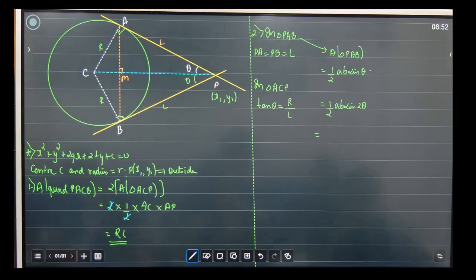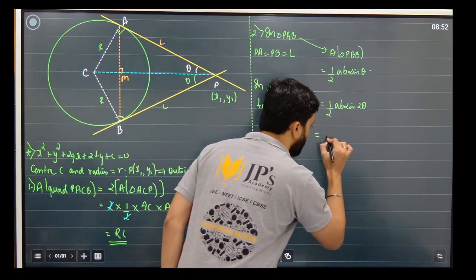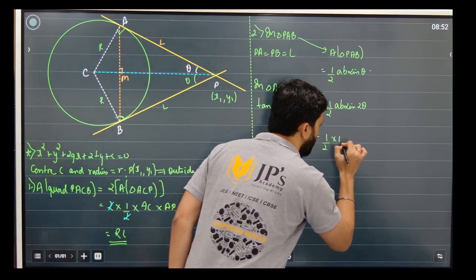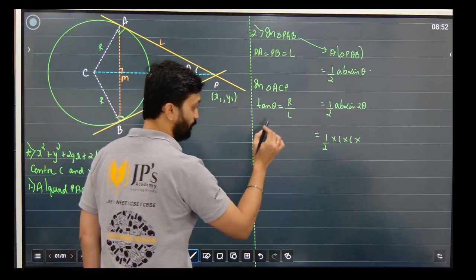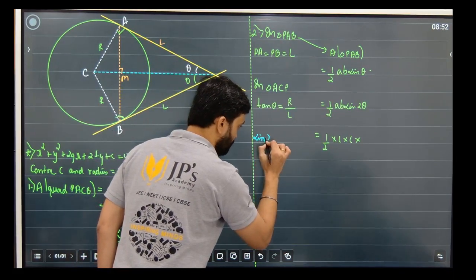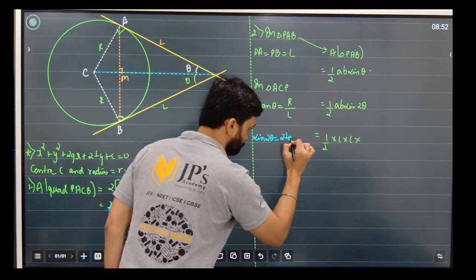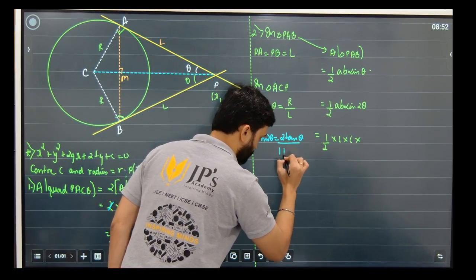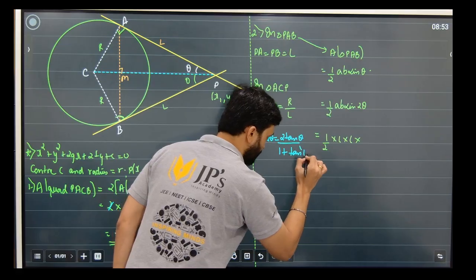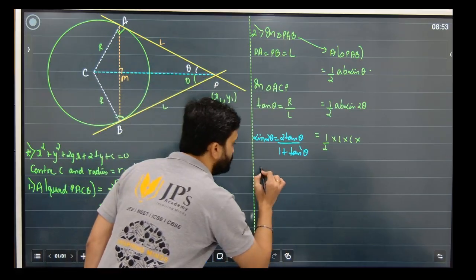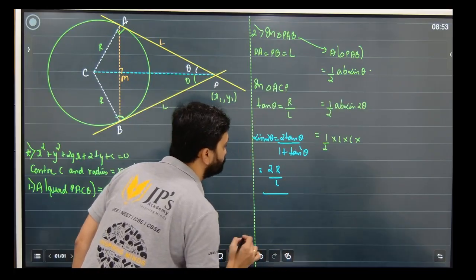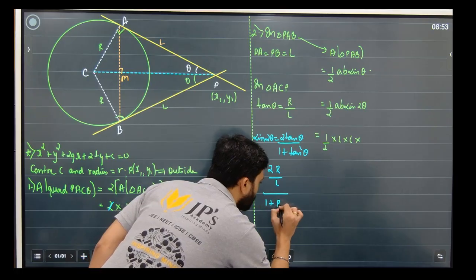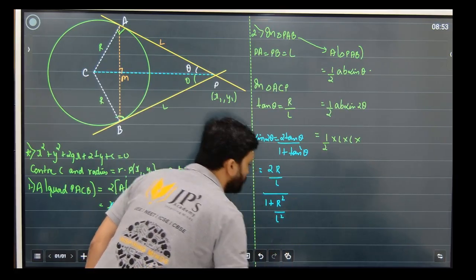So now if I substitute, this answer would become half into L into L into, now sin 2 theta is not given, look carefully. The formula for sin 2 theta is 2 tan theta upon 1 plus tan square theta, which will come 2 R upon L upon 1 plus R square by L square.